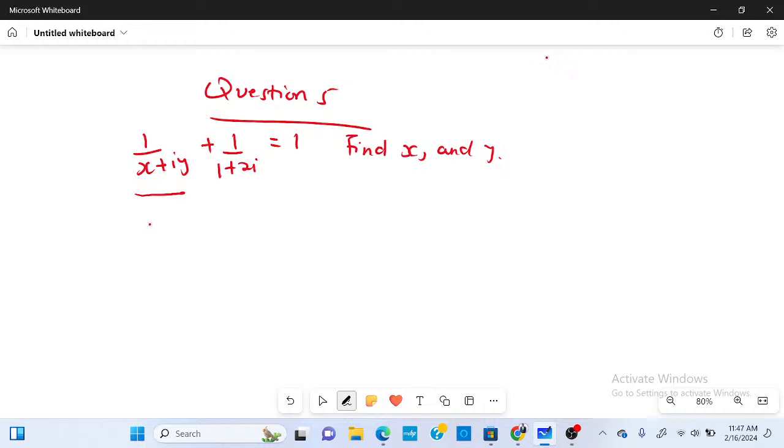So to do this is simply by making what you have here the subject. 1 over x plus iy is equal to 1 minus 1 over 1 plus 2i. So at this point, I'll get 1 over x plus iy to be equal to, you have to simplify this. In an algebraic expression, you just cross multiply. I'll have 1 plus 2i.